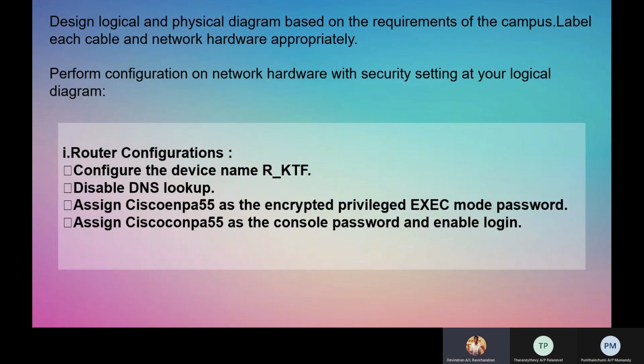Design logical and physical diagrams based on the requirements of the campus. Label each cable and network hardware appropriately. Perform configuration on network hardware with security settings in your logical diagram. Router configuration: configure the device name RKTF.